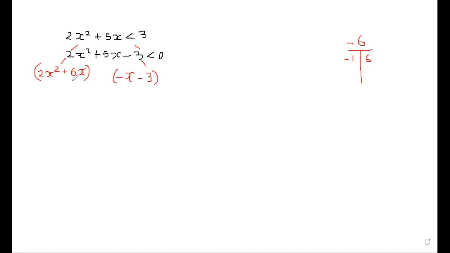Bring the negative x this side, bring the positive 6x this side, and see if you get the thing that you're looking for. So what we are looking for is something like this. I'm going now to take out the common factor, which is 2x on this one bracket, and I'll be left with x plus what? Plus 3.